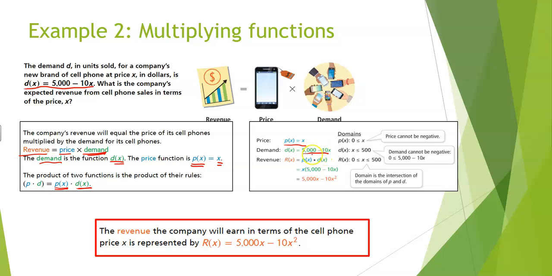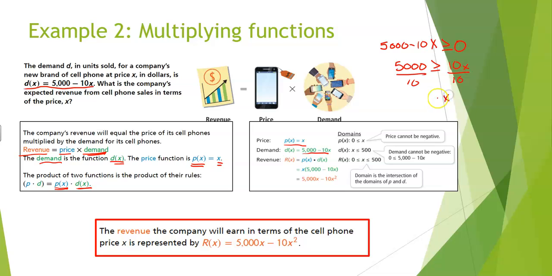So this also has to be greater than or equal to 0, and you could write it out like this: 5,000 minus 10x has to be greater than or equal to 0. And then you could add 10x to both sides, right? When you're adding, you don't change the sign. And you divide by a positive, that doesn't change the sign.